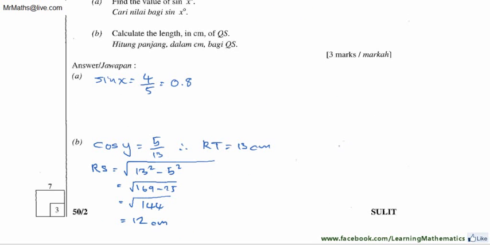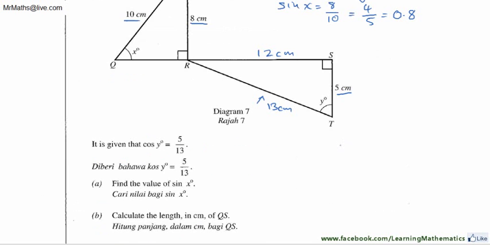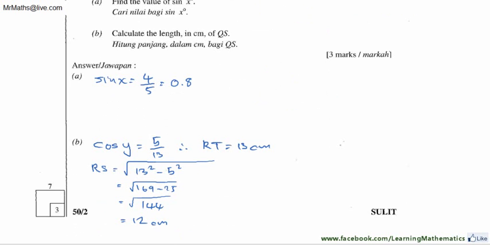And then we want to also know QR. Then QR is the square root of 10 squared minus 8 squared, which is the square root of 100 minus 64, which is the square root of 36, which is 6 cm.